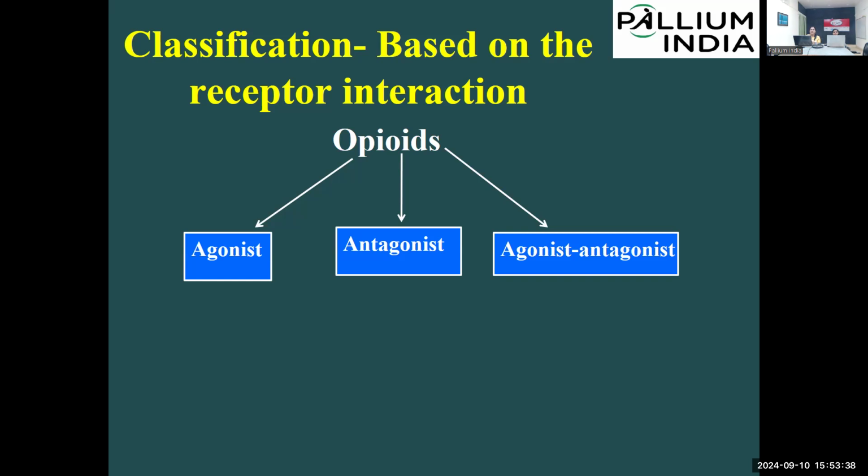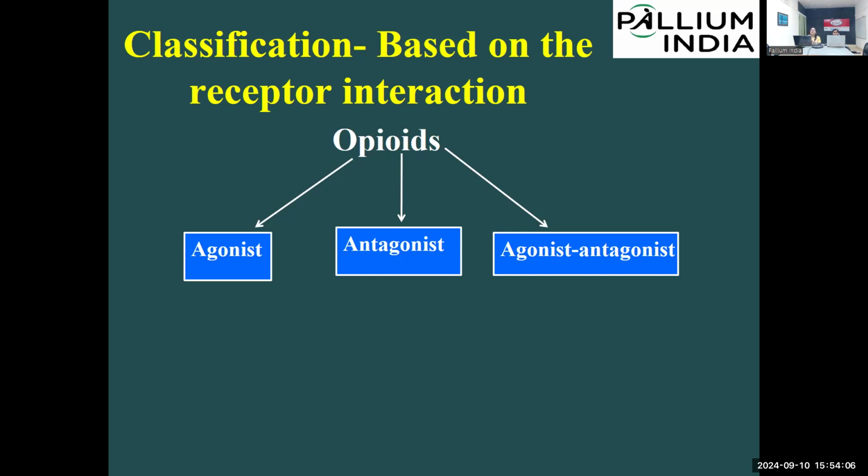For example, naloxone is a morphine antagonist. What does that mean? When naloxone is given, it replaces the morphine from the receptor site and binds to the receptor site, thus blocking the actions caused by morphine. So an antagonist drug as such does not produce any effect, but it reverses or blocks the action of the agonist drug.